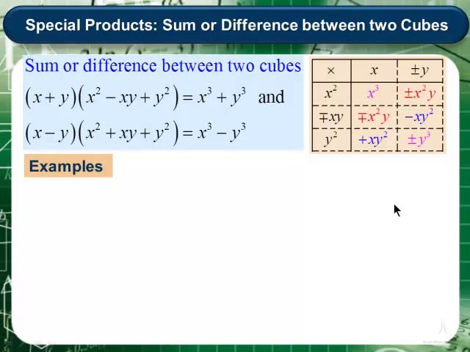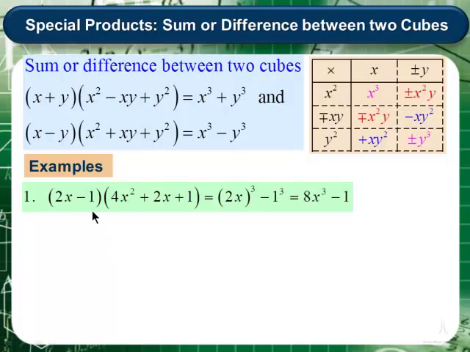Let's have a look at a few examples where we capitalize on the structure for the sum or difference between two cubes as the expansion of a product. Let's have a look at this product. Here we have a binomial multiplied with a trinomial, but more than that, we notice that the first term is the square of 2x, the first term of the binomial on the left, and furthermore the third or last term for the trinomial on the right hand side, 1, is the square of the second term of the binomial on the left hand side.